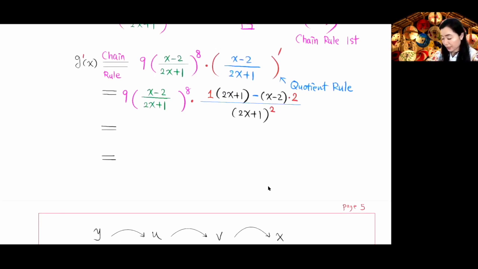Right, now we just need to simplify it. Let's just take care of the front here first. So that will be 9, and we'll go this to the 8th power times. So this will be 2x plus 1 minus 2x. Now be careful, here is minus, so it becomes addition.